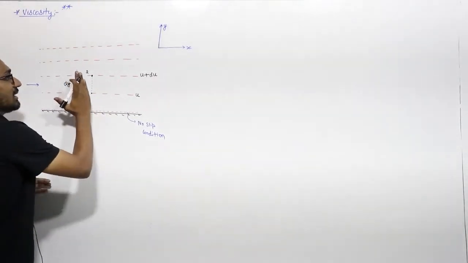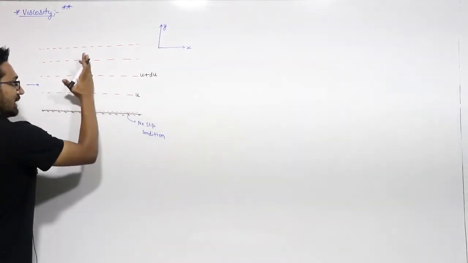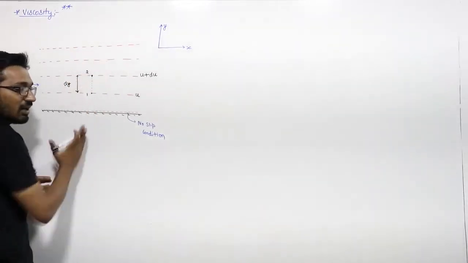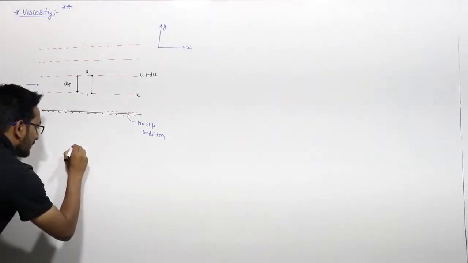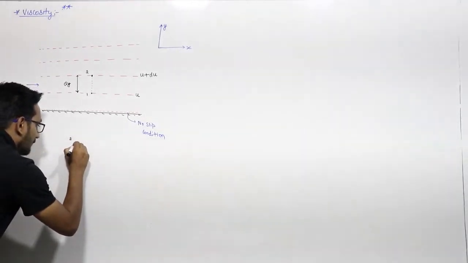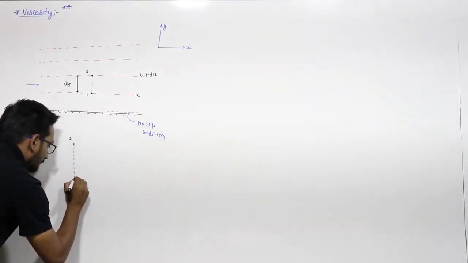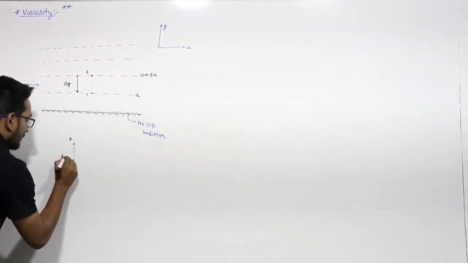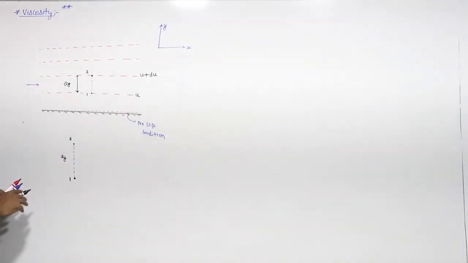Hence, if this line is vertical initially, then after time dt there will be some angular deformation in it. Suppose this is particle 2 and this is particle 1. Initially the distance between them is dy, and this is the case when t is equal to 0.